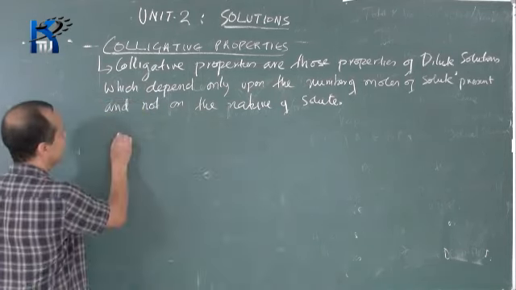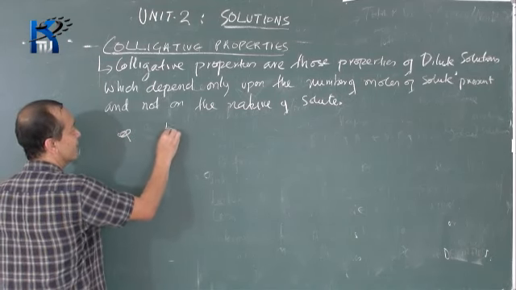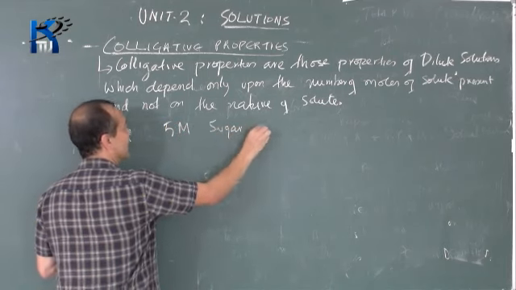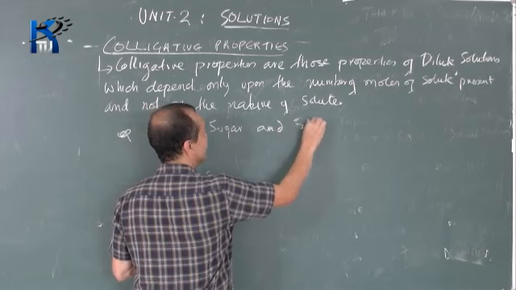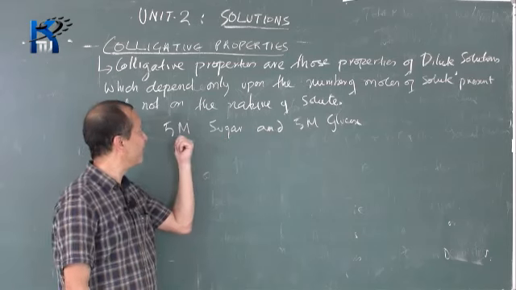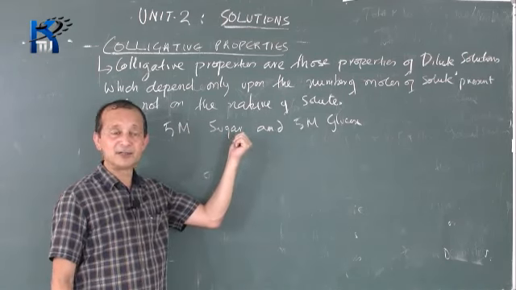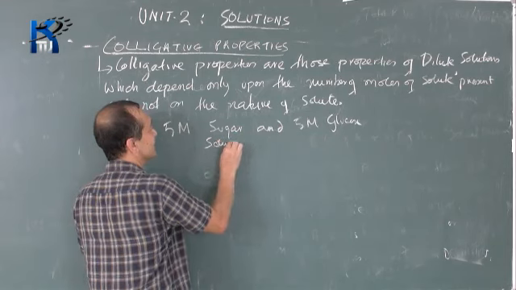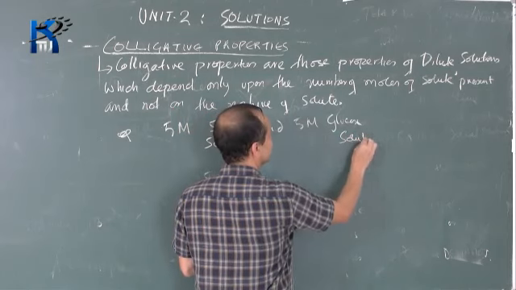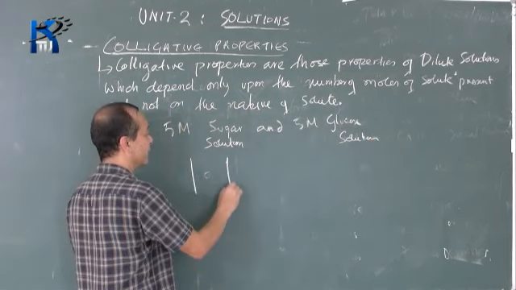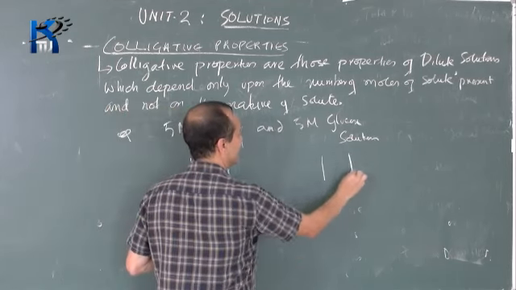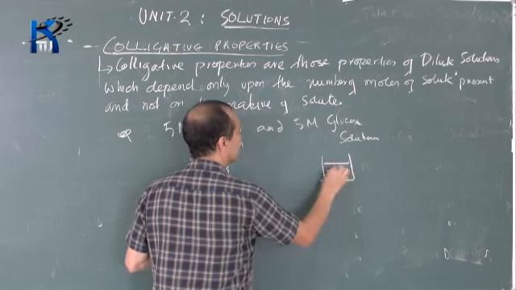Supposing you have two solutions: a 5 molar sugar solution and a 5 molar glucose solution.